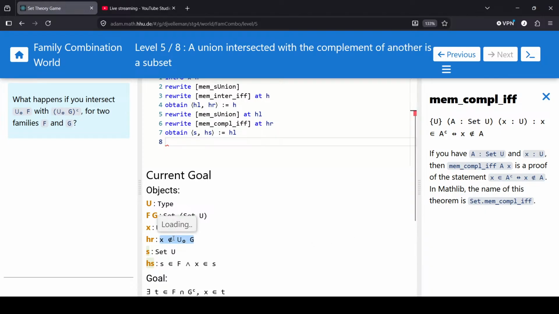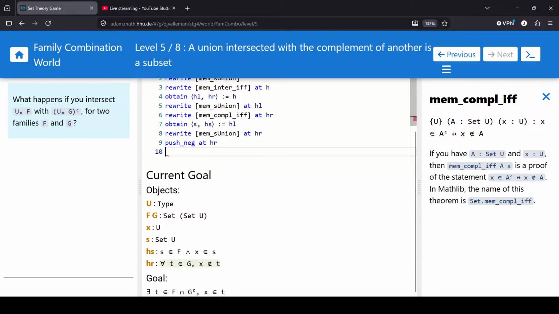I could rewrite this, I think. Okay, yeah, I can do that. Then we can do push neg at HR. Get a for all.